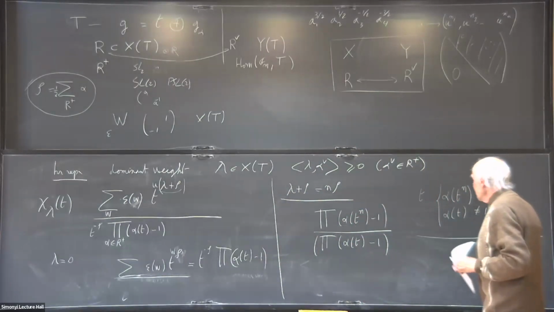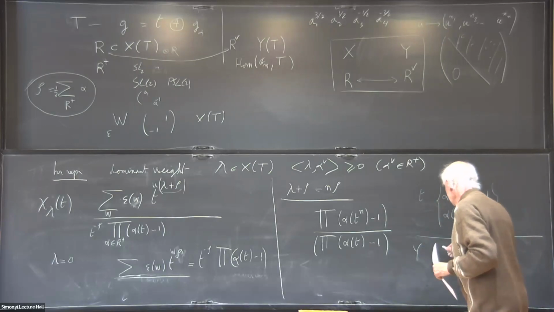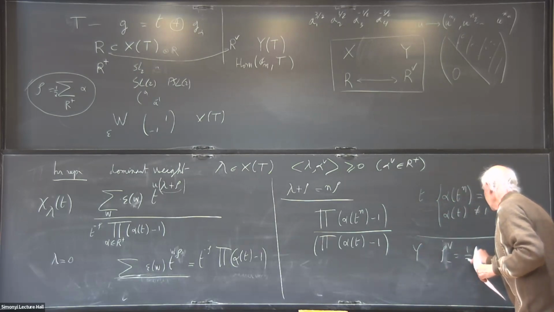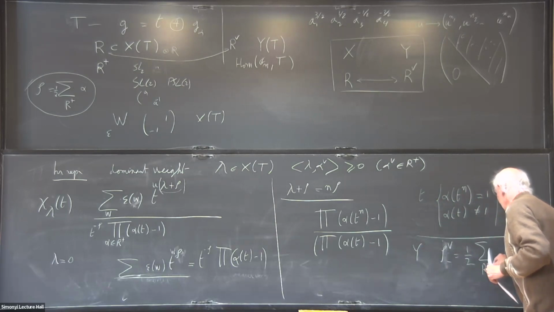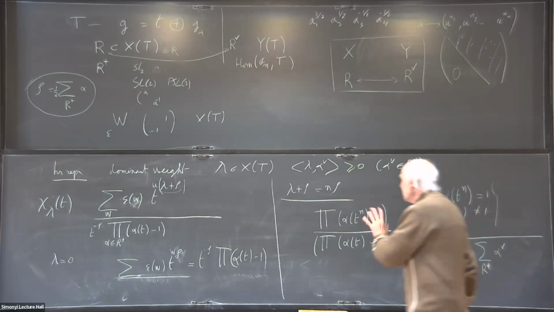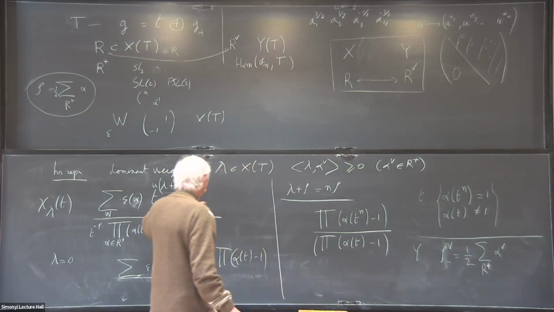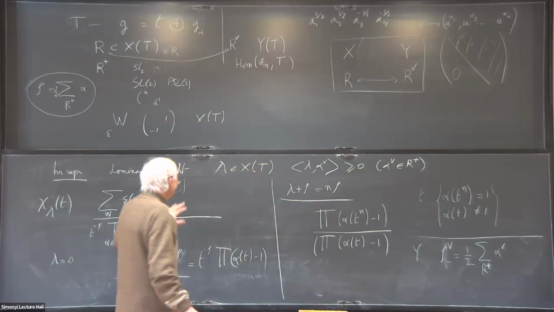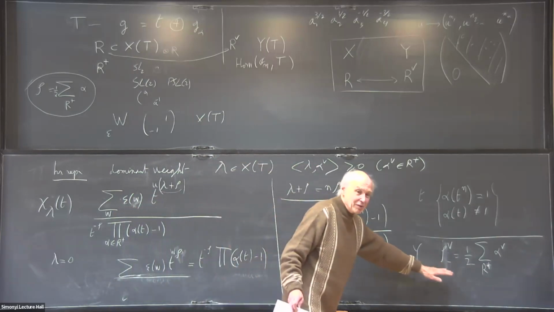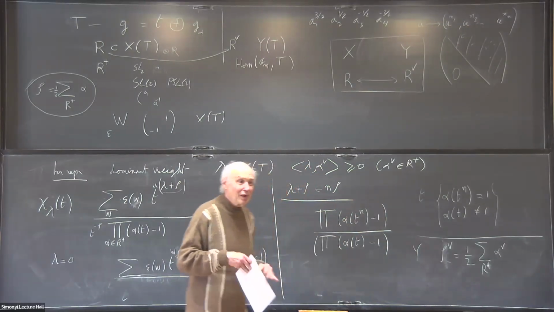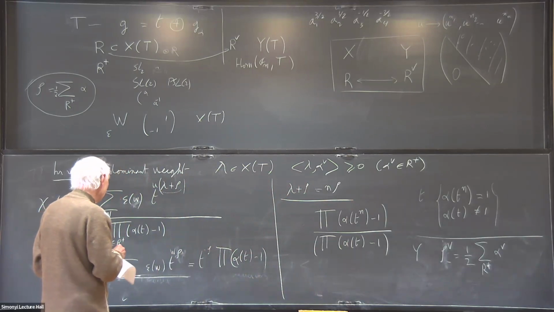And what I will show is that if I take in Y one over what I will call rho hat, which is 1/2 of the sum over R plus of the coroots, so this is a particular one parameter subgroup in the torus, dually to the fact that I have this nice product formula for those special characters on the whole torus, I will have a nice formula for any character on this particular one parameter subgroup, again with a product expression which implies some zero of the torsion. So let me do that.